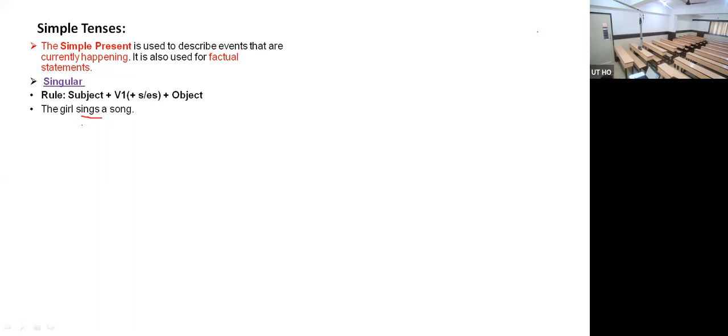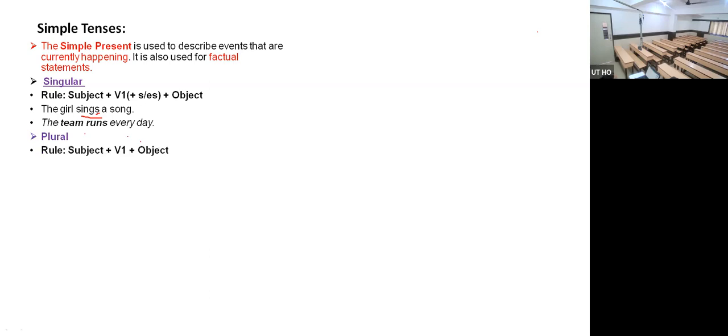Sing is the root verb. You added S, it becomes the simple present tense. The team runs every day. Same thing. Run becomes runs.